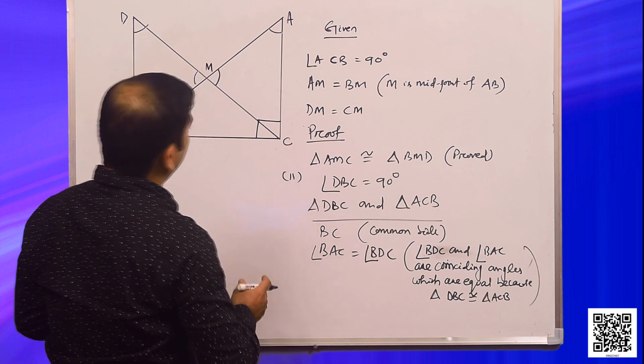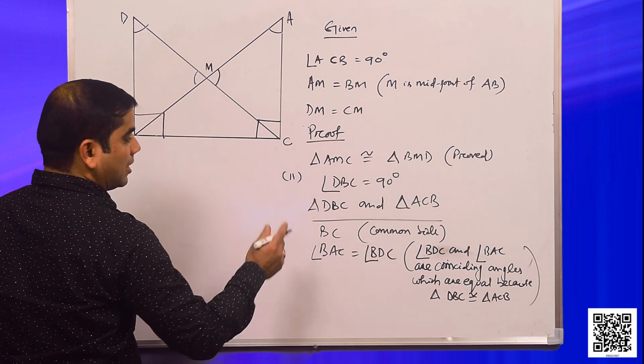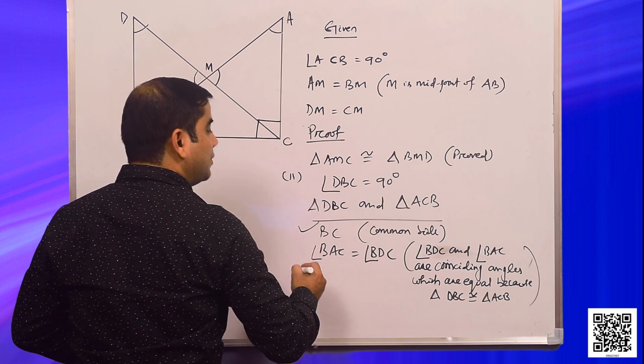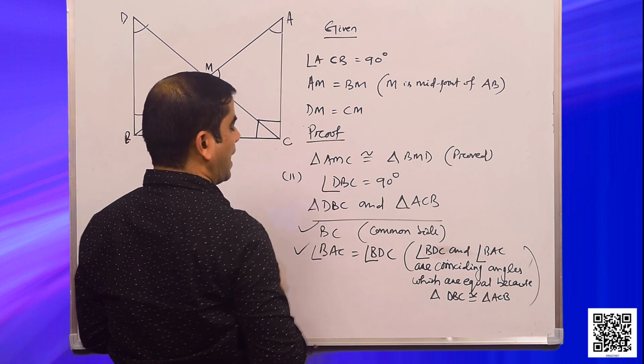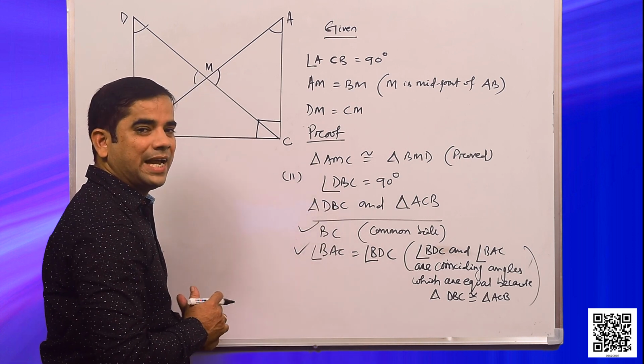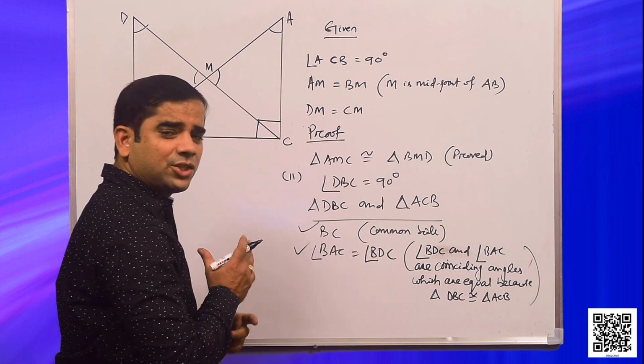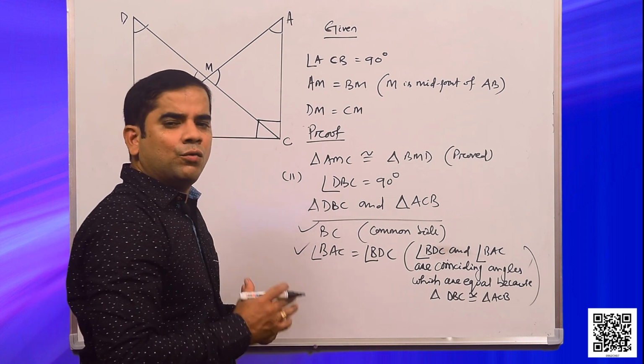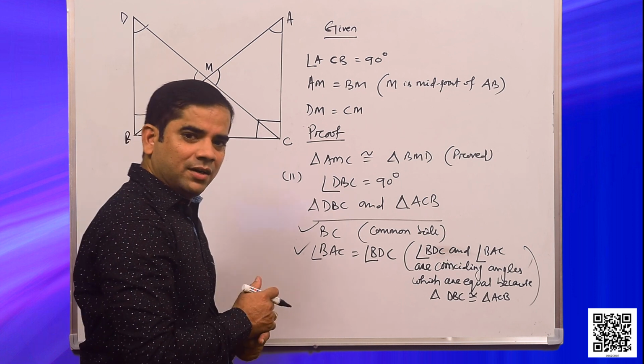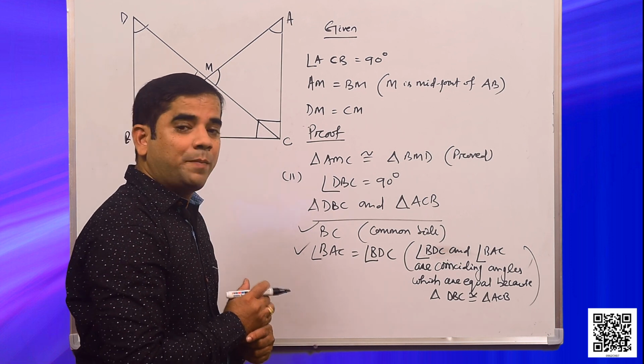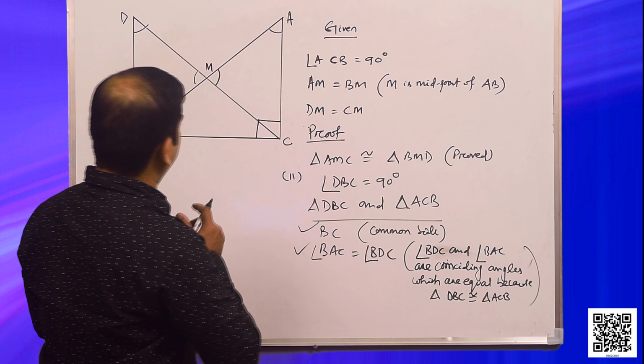So now we have got another data. We have a side which is common and we have a pair of angles which are same to each other. Now what else we should look for? We should look for another side or another angle which should be equal to each other. Let us find it out.